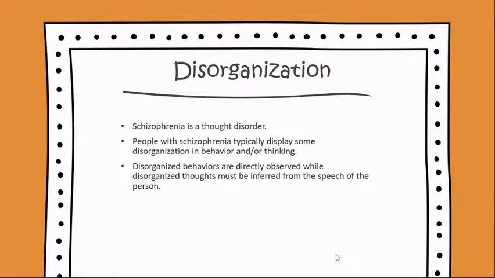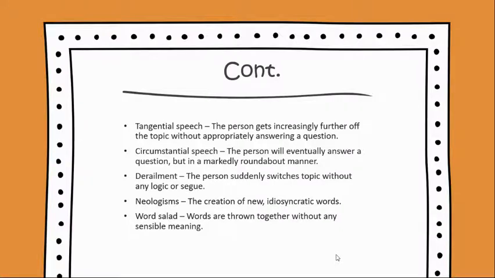Disorganization. Schizophrenia is a thought disorder. People with schizophrenia typically display some disorganization in behavior and or thinking. Disorganized behaviors are directly observed, while disorganized thoughts must be inferred from the speech of the person. Tangential speech: the person gets increasingly further off the topic without appropriately answering the question.